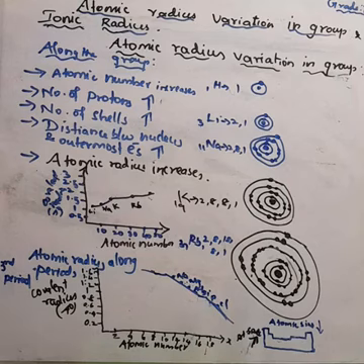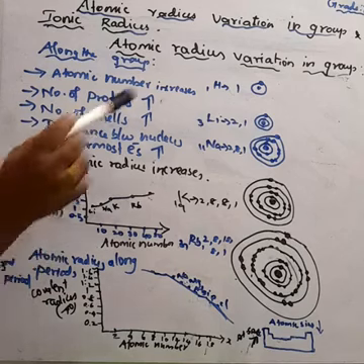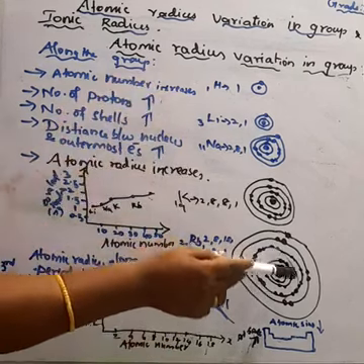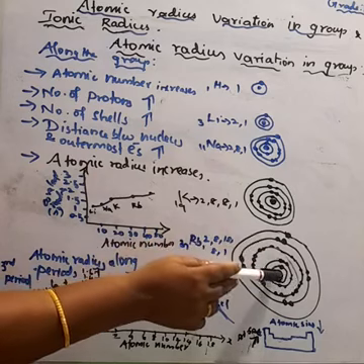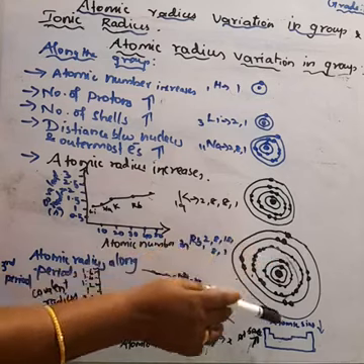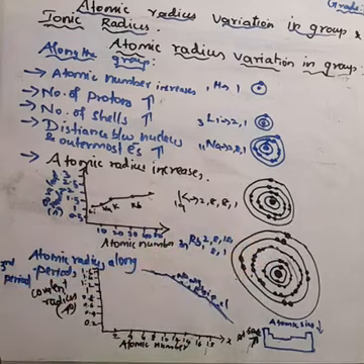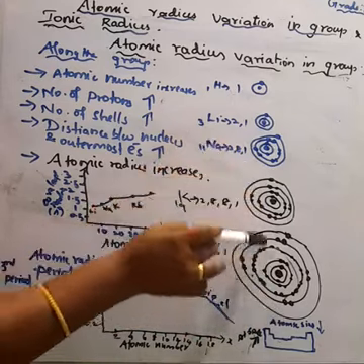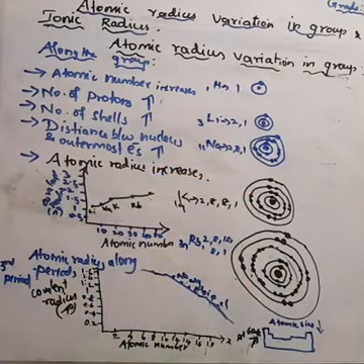That's why the atomic size decreases. But when we are moving from top to bottom, the inner shell electrons repel each other, so the nuclear force between the nucleus and the outermost electron is low, so the atomic size increases. These are the periodic properties in a group.